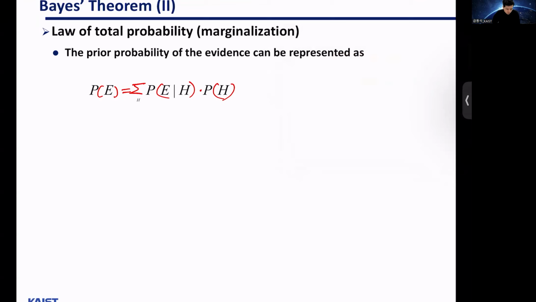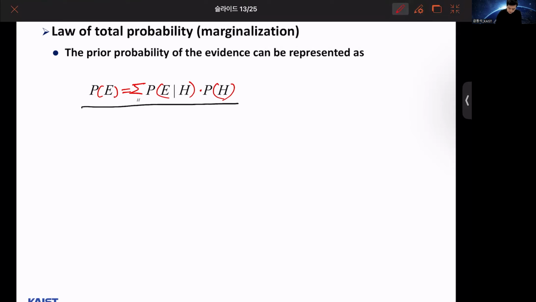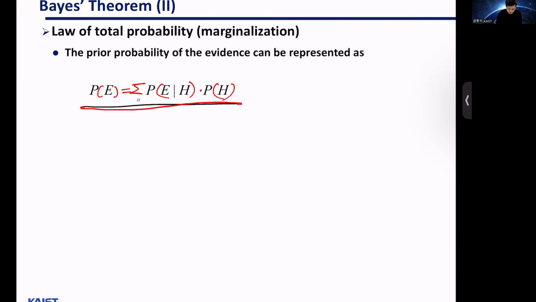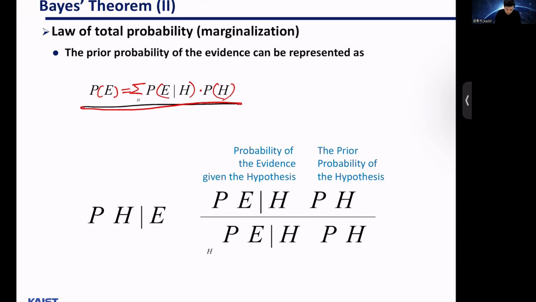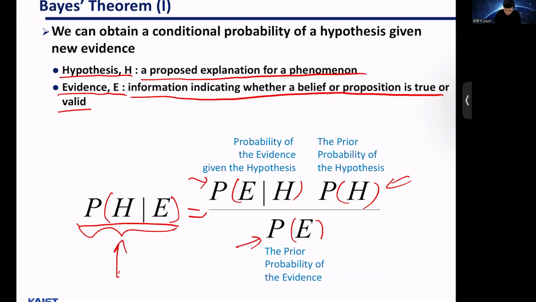Law of total probability: the prior probability of the evidence can be represented as follows. I'll talk more about this later in the following slides. But what this is saying is this, okay? Usually this is easier to compute, but sometimes what if this is not available?